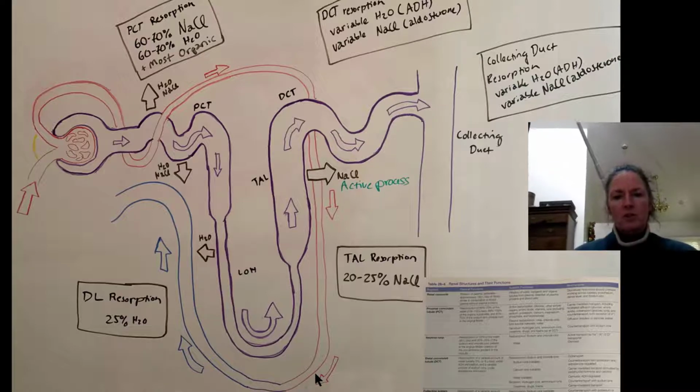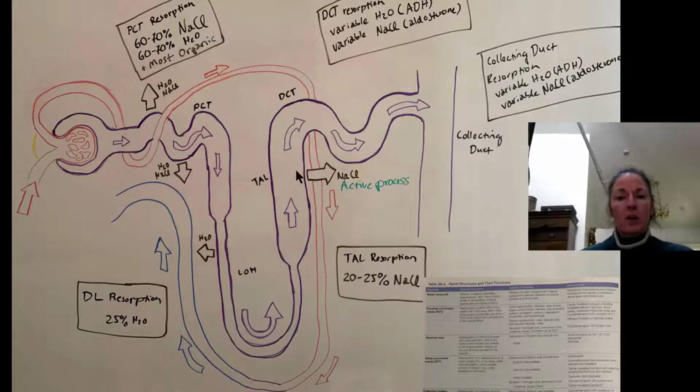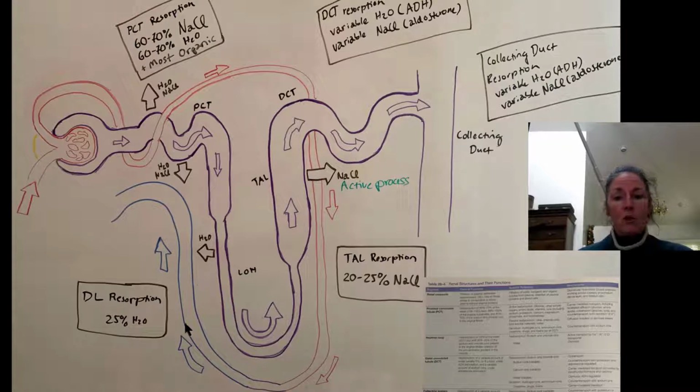So all of this is the vasa recta, and I've just put it out here in cartoon form just to show you how the fluid in the vasa recta, the blood flow, is going to be going opposite that of the tubular fluid flow. So this is going to be our countercurrent exchange. So we're going to have stuff that was pumped out here be picked up by the capillaries. And as we go over on this side, we're going to have quite a bit of solute that we picked up over here that's in the interstitial fluid, and that solute is going to cause a lot of resorption of water over here.